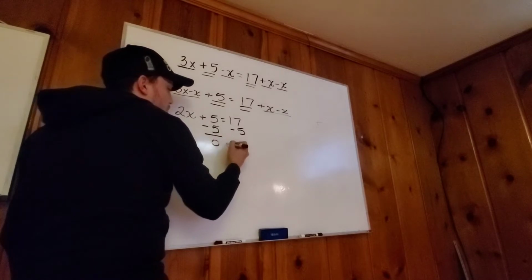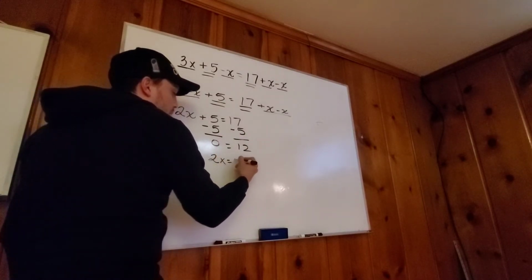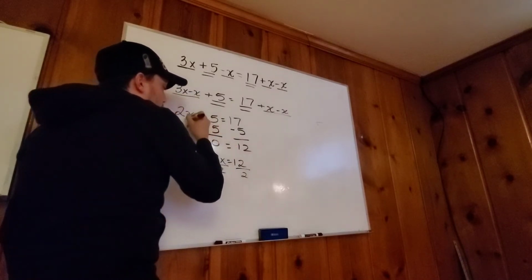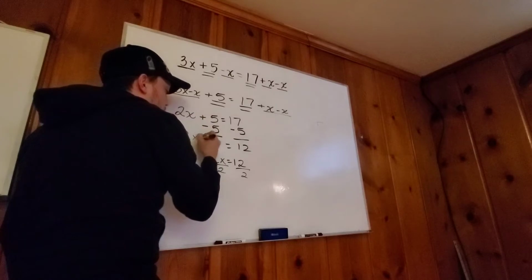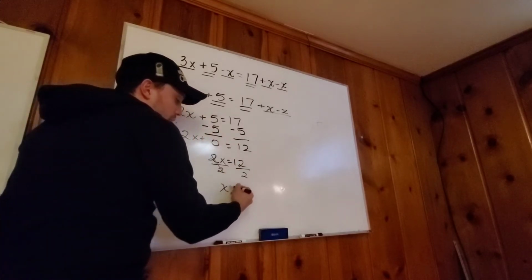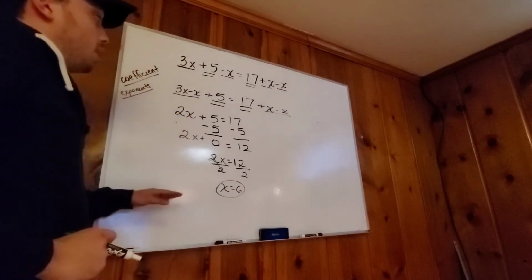We get 0, and here we get 12. And so we get 2x equals 12. Then we divide both sides by 2, and we get x equals 6. That is our answer for the first example, x equals 6.